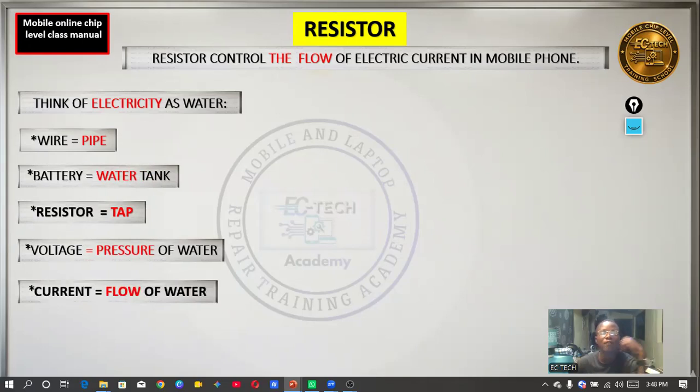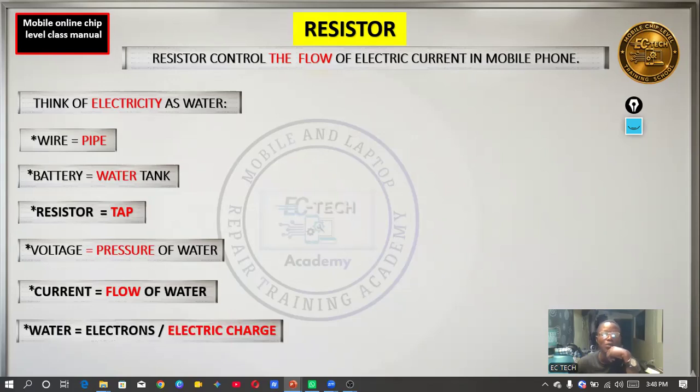And the current is the flow of water. Whenever you hear about current, it's just like the flow of water, the flow of charge. And the water is like electrons or electric charge.